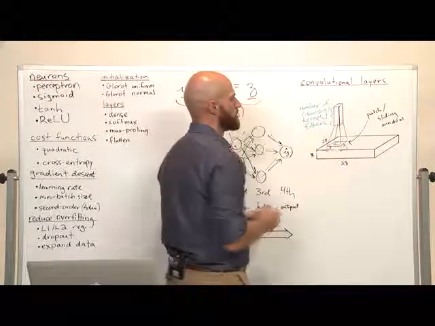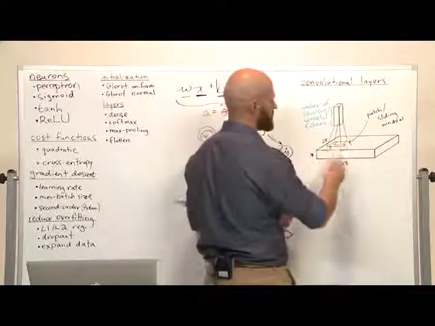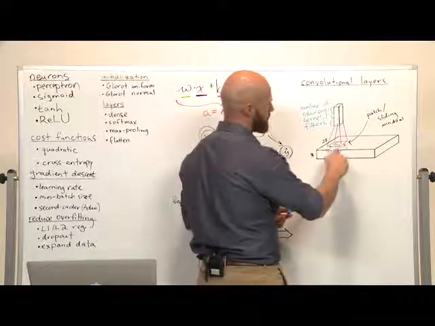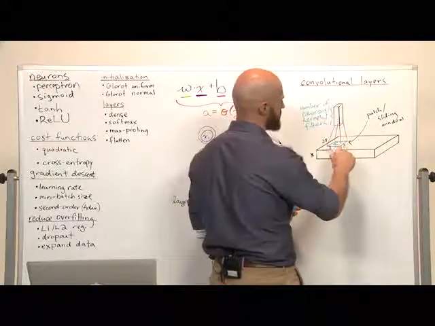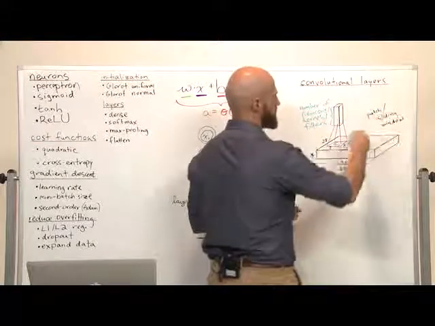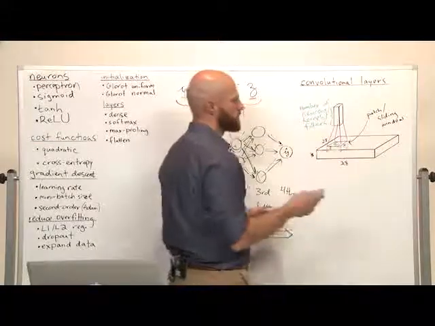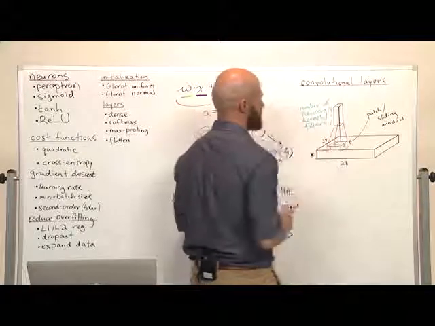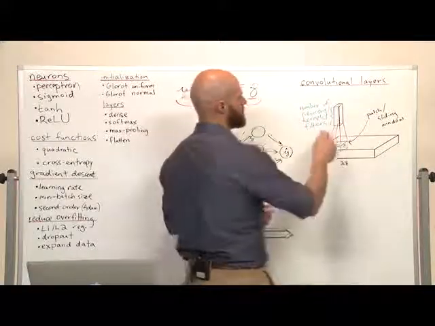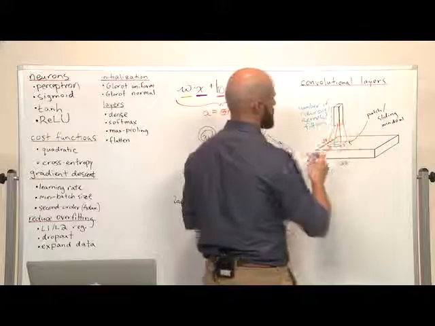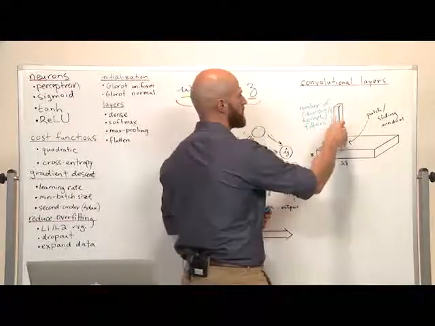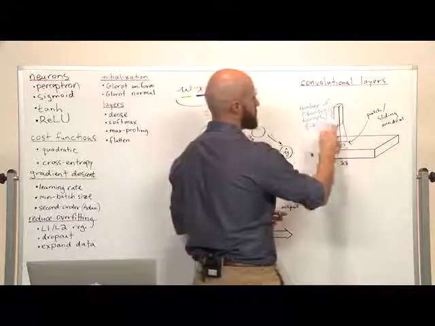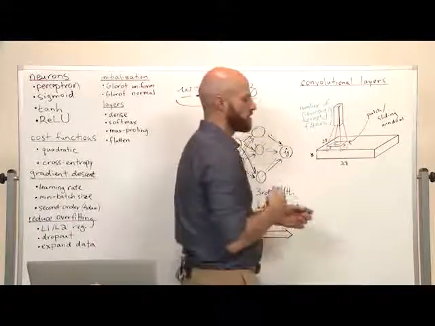Now, the other parameter we've talked about here is the width and the height, so this 3 by 3 size of the patch or the sliding window, which we can call the kernel size. We haven't talked about the number of neurons. The language here can be a bit confusing because some people will call these neurons, kernels, or filters.